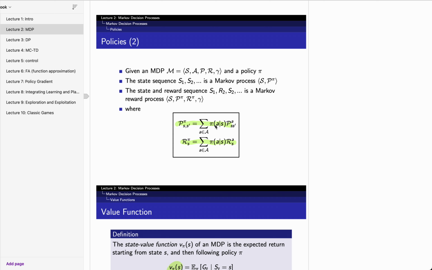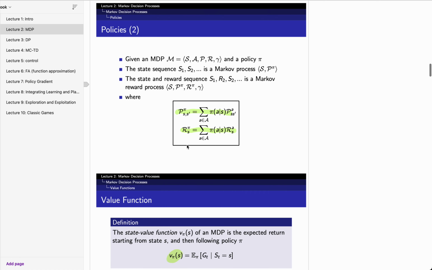You just multiply each P by its corresponding probability given which action you're going to take. And then you will have a reward under policy pi, which will be equal to the reward of each action times the probability of each of those actions, and then sum it up.